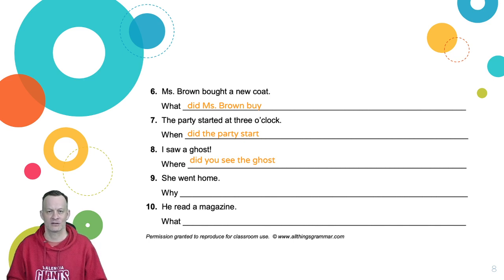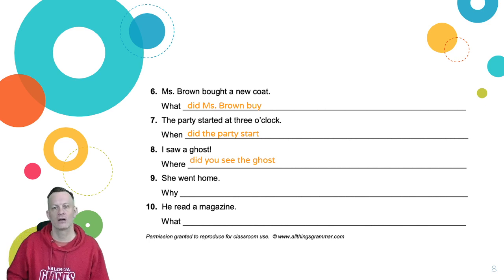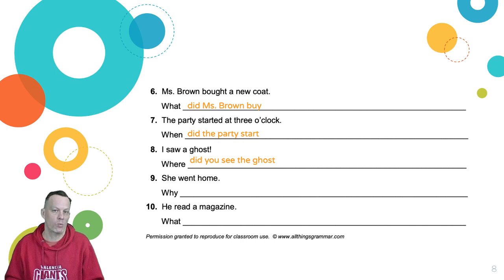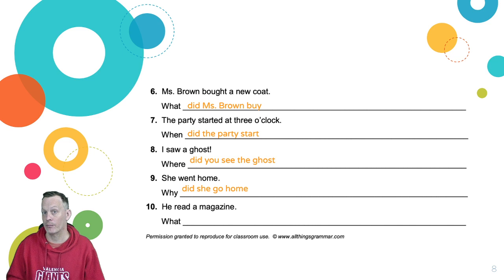Number 9. She went home. Went is the past of go. She went home. Why did she go home? Remember to use go, not went. Why did she go home? And number 10. He read a magazine.